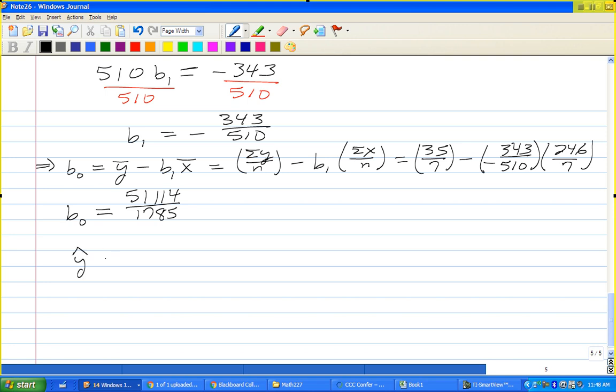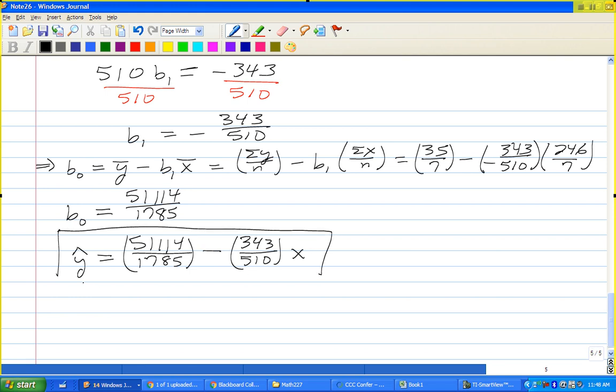Y equals 51,114 over 1785 minus 343 over 510 x. Just call it x. And that is your regression line.